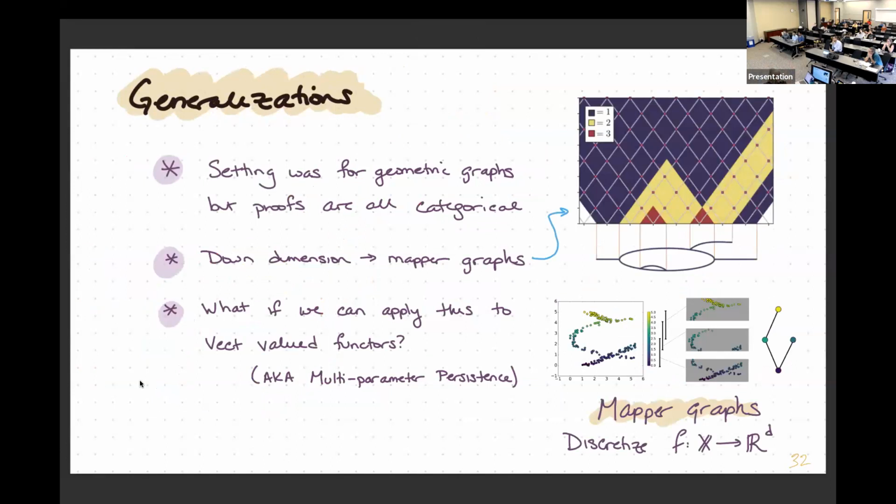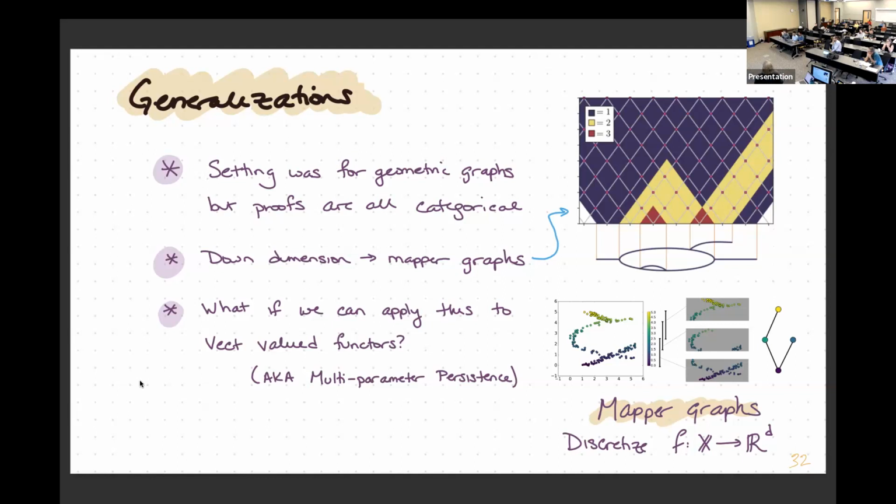The other fun thing with this is, I think there's a lot of really interesting generalizations. The framework and all of the loss function stuff that we did was entirely categorical. And so it doesn't really matter if I hand you geometric graphs, it's just kind of easier for me to try to draw the pictures. In particular, if you drop a dimension, you end up with mapper graphs. And so I think a lot of this we can use for computing or bounding the interleaving distance between mapper graphs.